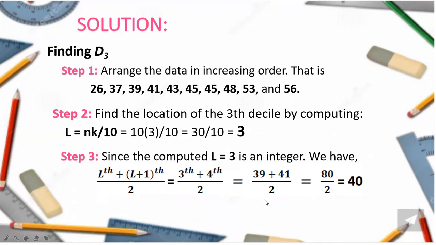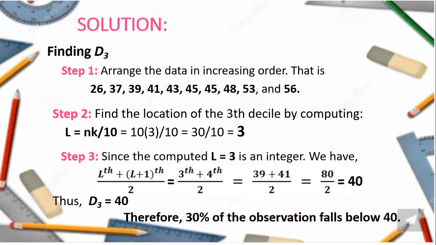We get the average, so we have 80 divided by 2, which is 40. Thus, the third decile is equal to 40, interpreted as 30%, 3 times 10%, so 30% of the observations fall below 40.